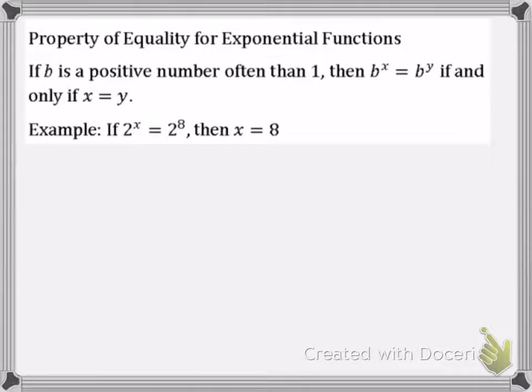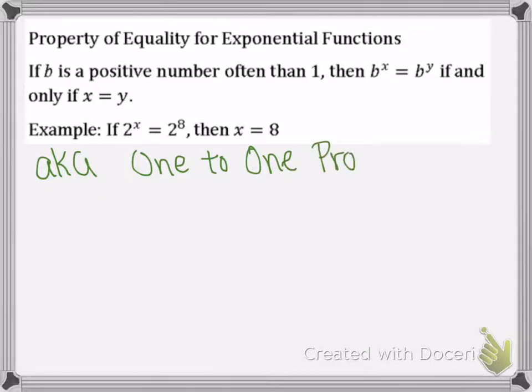Now, the property of equality for exponential functions. This is also known as the one-to-one property. And we will be using this property a lot to solve problems with exponential functions.